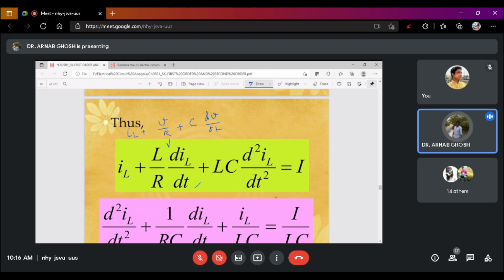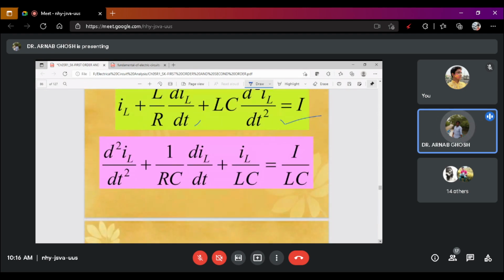So V is equal to L dIL by dt, and dV by dt is equal to L d square IL by dt square. So we have just replaced this here, and we are getting this expression of IL plus L by R dIL by dt plus LC d square IL by dt square. So we have brought this in one common term.